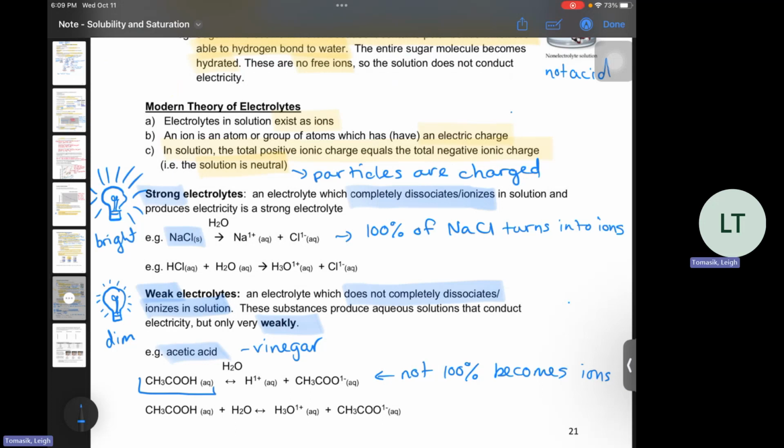Okay. And we have two arrows here because it sort of goes back and forth, right? Next year, you'll talk a little bit more about this. This is an equilibrium arrow, but it means that the chemical reaction can go two ways. So some will exist as vinegar not ionized, and some will exist as vinegar ionized.